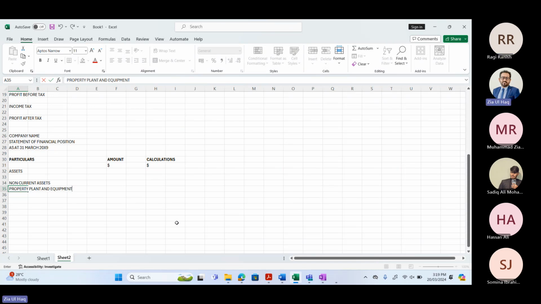From that note, we can put only one figure here. No need to mention all the property, plant, equipment, building, plant, motor vehicle. We can prepare notes. And then we will move towards current assets. In current assets, we cannot make working notes. We need to provide all the current assets figures here. And then we can put what? Total assets.